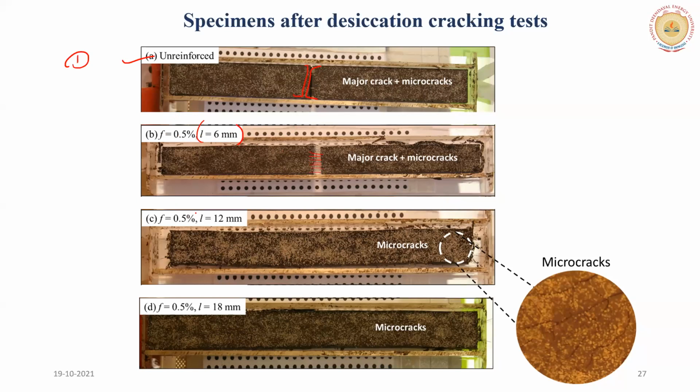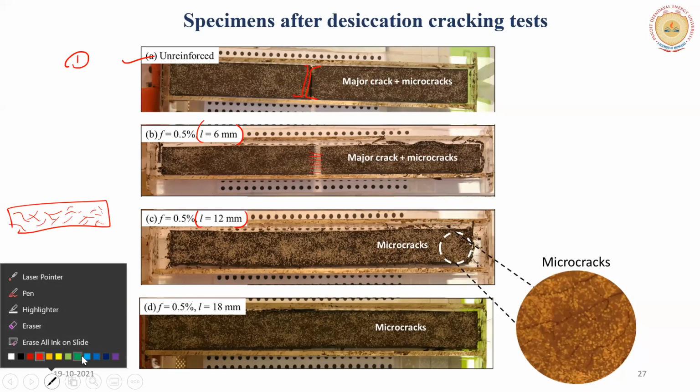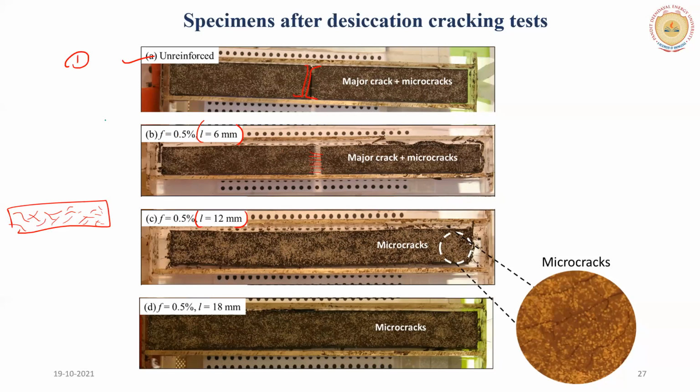For reinforcing fibers, L equal to 12 mm, right? So if this is your sample, the reinforcing fibers are like this, they're distributed in the whole specimen. Whereas, I'll change the ink color, our optical fiber is passing through like this.